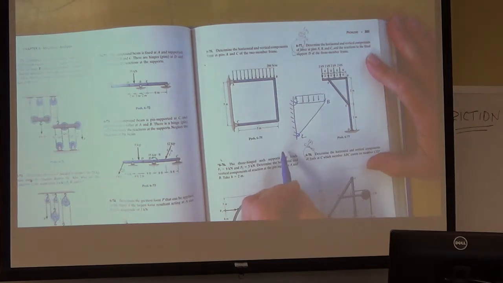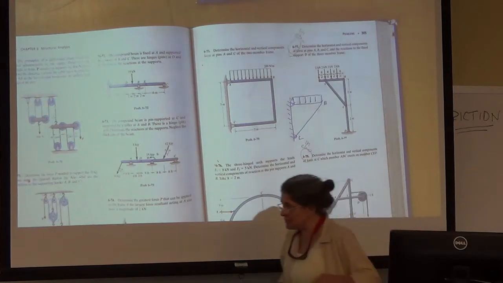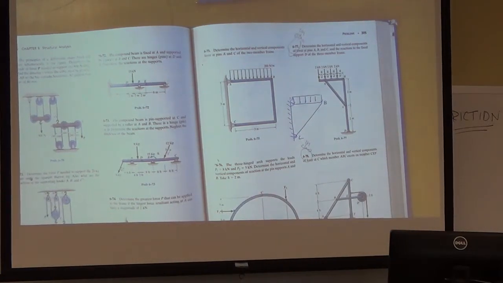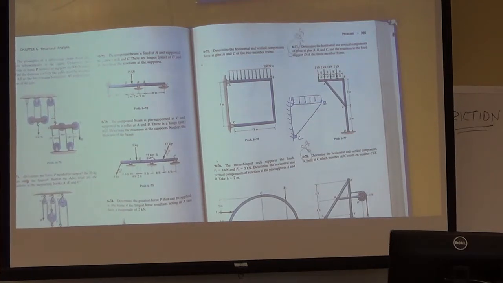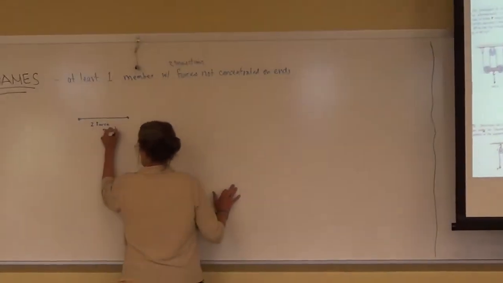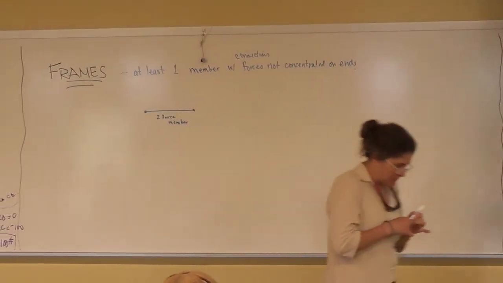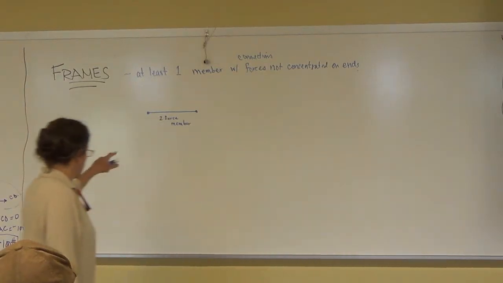Okay? So what does that mean when you have a 2-force member? When you have a 2-force member, what is the loading like? We maybe could have talked about this when we did trusses, but what is the loading like? Tension.